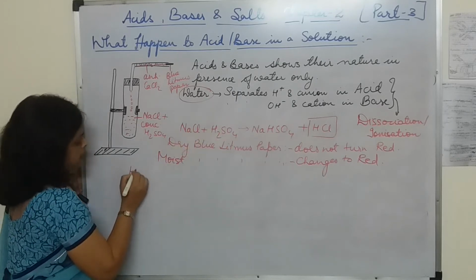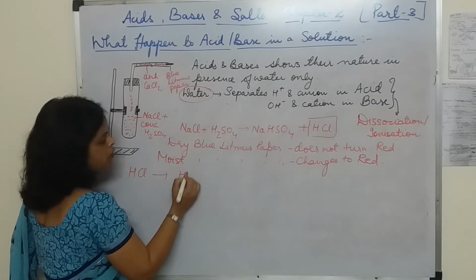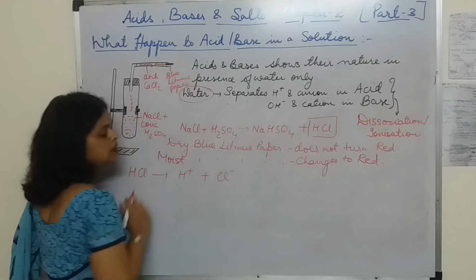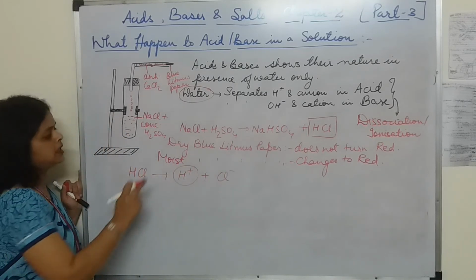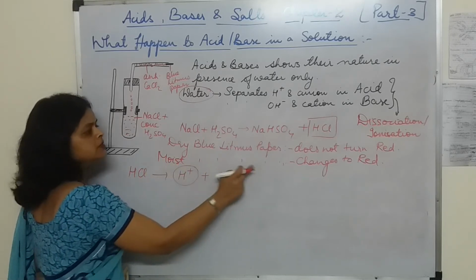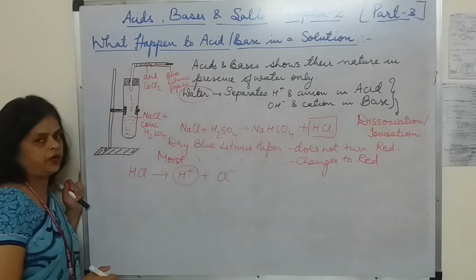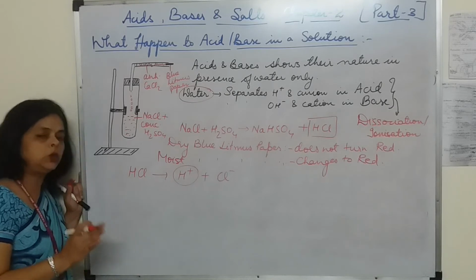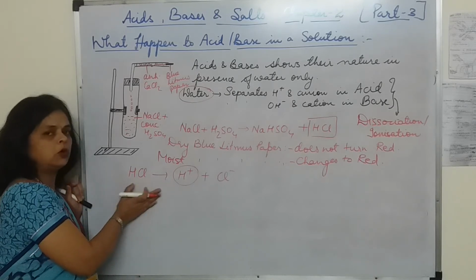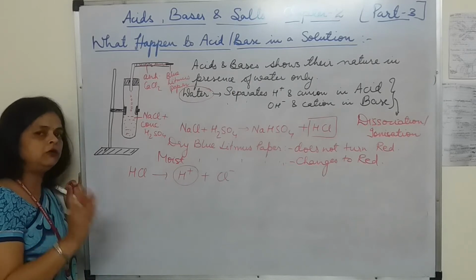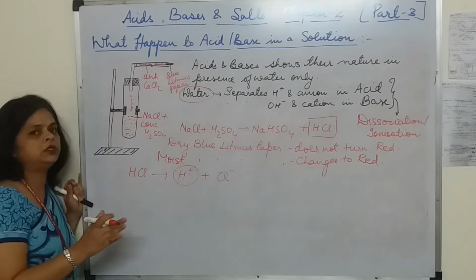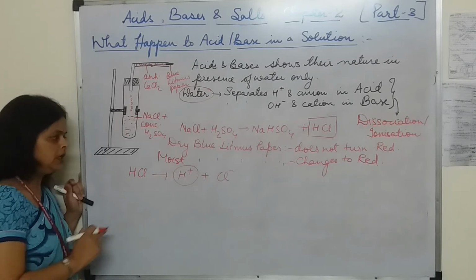This HCl dissociates to form H plus and Cl minus, and because of the presence of H plus ions, the color of this moist blue litmus paper changes to red. So we can conclude that for an acid to be called an acid, it requires water. Without water, it cannot show its acidic nature.